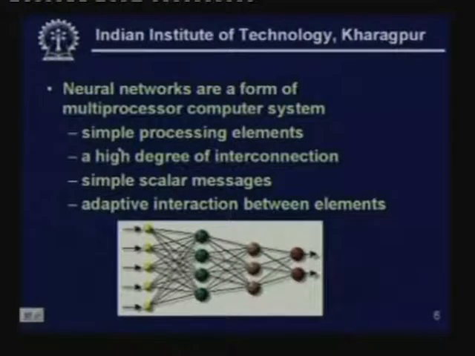These units are individually simple, but together they can be wired to perform more complex tasks. The main highlights of this framework are that there are many simple processing elements, there is a high degree of interconnection between these processing units, simple messages are transferred through these interconnections, and the interaction between these different elements is adaptive. This is the essence of the neural network paradigm.